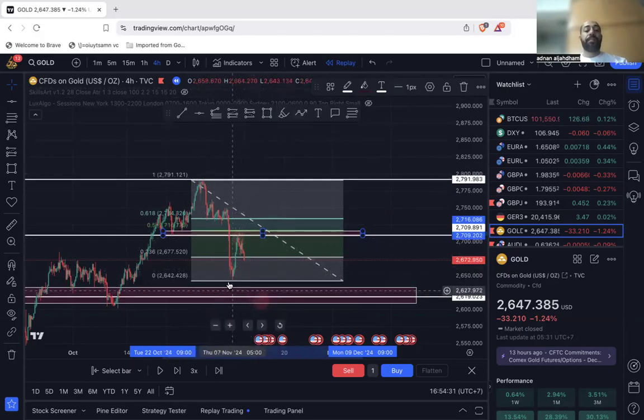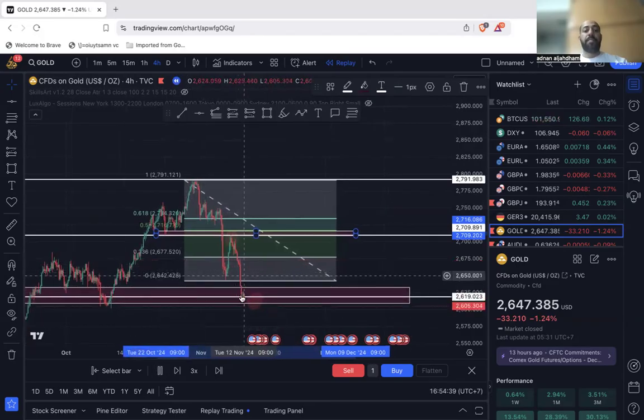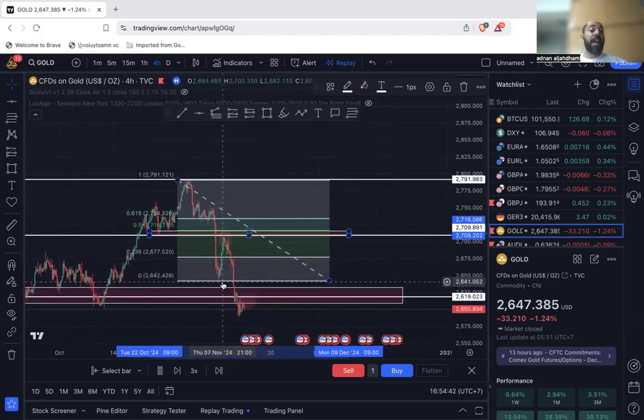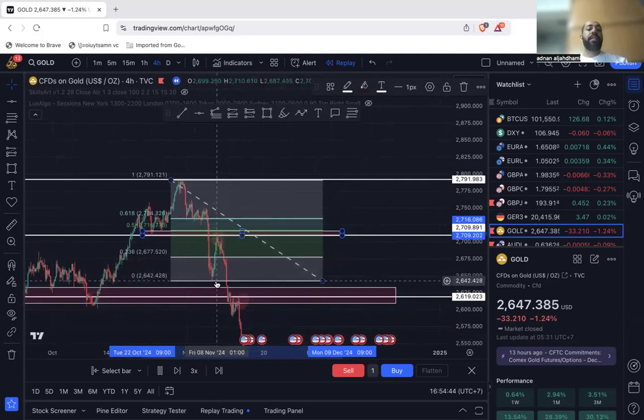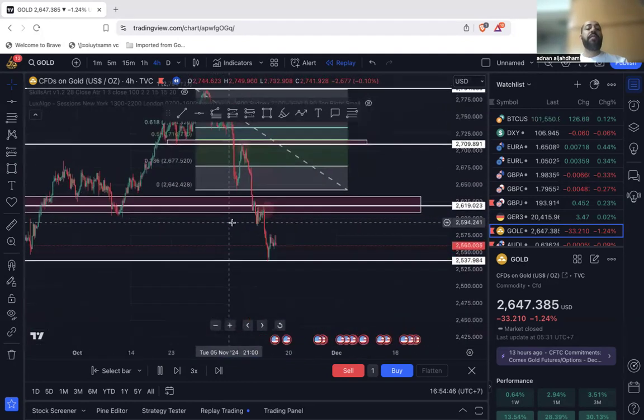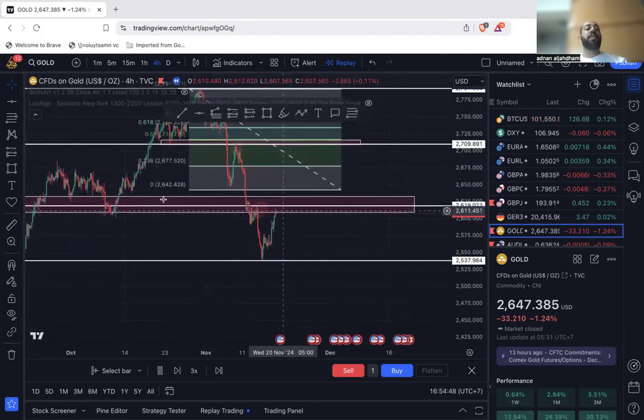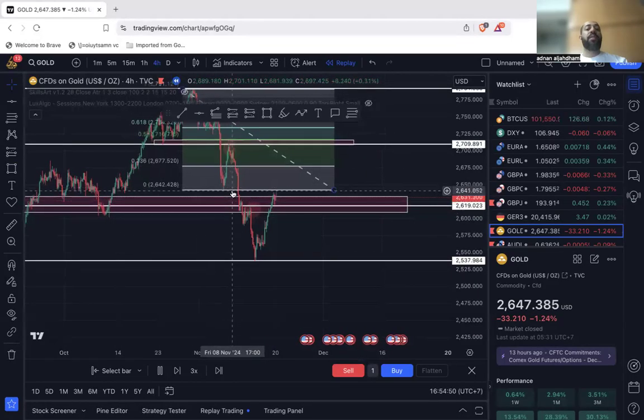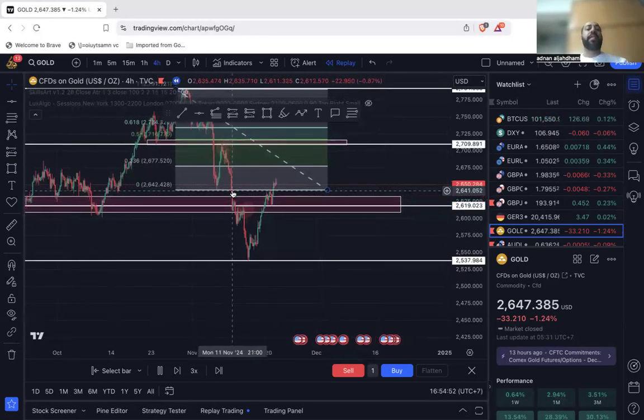To the last swing low. Let's play out this one. And boom. Why do we expect that the price will travel even far more? The price is always attracted to liquidity.